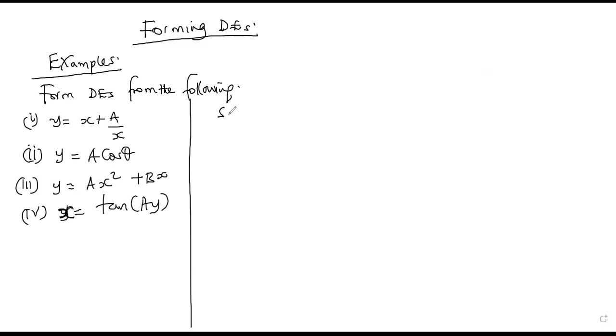So part of the solution, Roman 1, we have y is equal to x plus a over x. This should tell you that the answer you'll get will be first order because you have only one constant of integration. Other variables are common, y and x. So what we do, first multiply by x throughout so that the constant is separate.